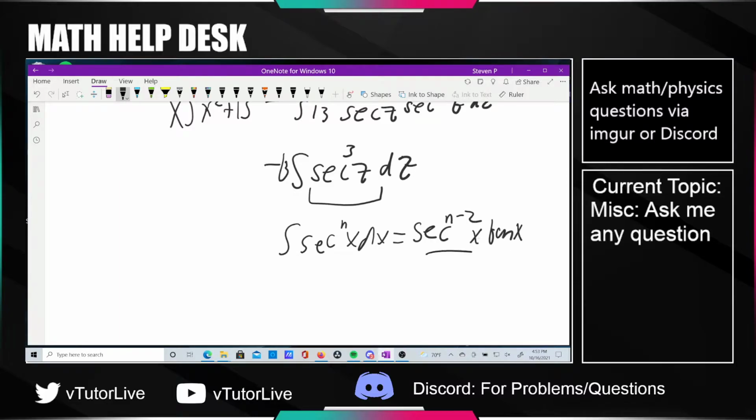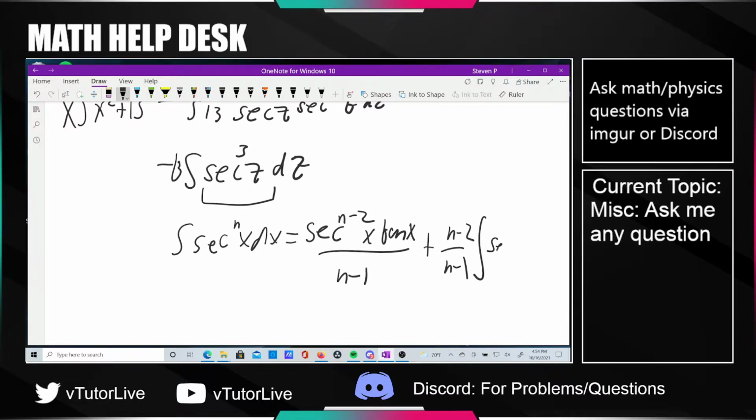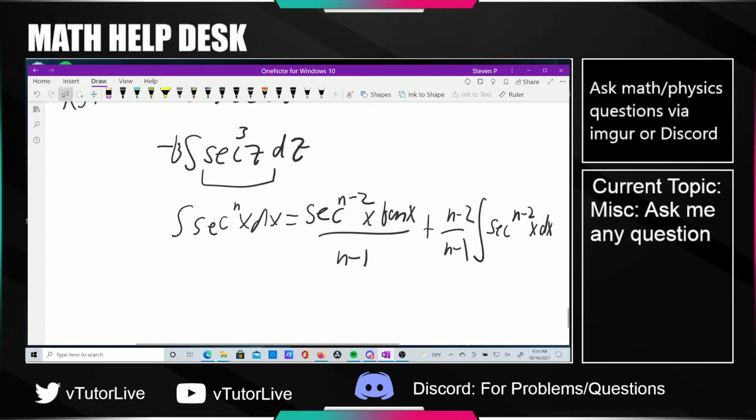But what does this look like? Secant n minus 2 tan x over n minus 1, plus the n minus 2 over n minus 1 integral of secant n minus 2 x dx, right? And I think at this point it should all be stuff that hopefully you know how to do, right? So for us, n is equal to 3.